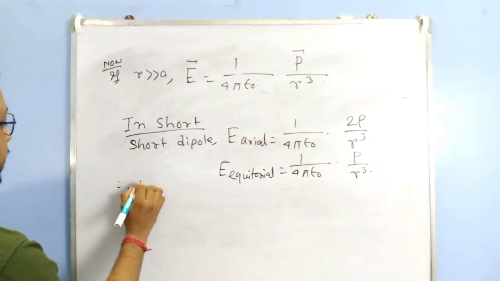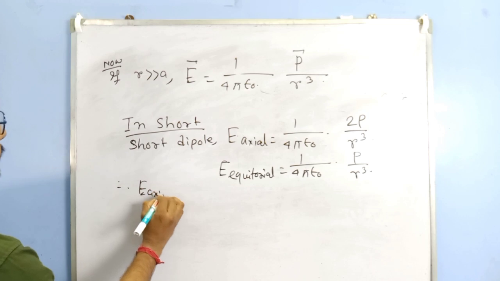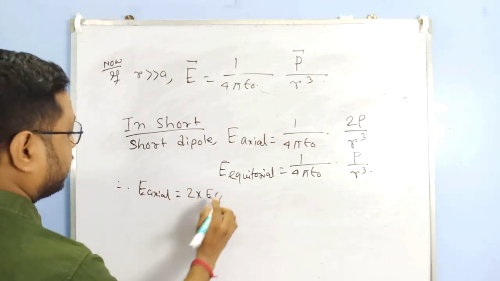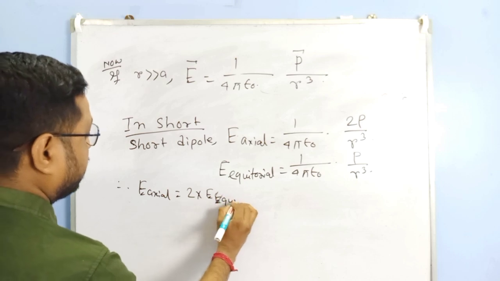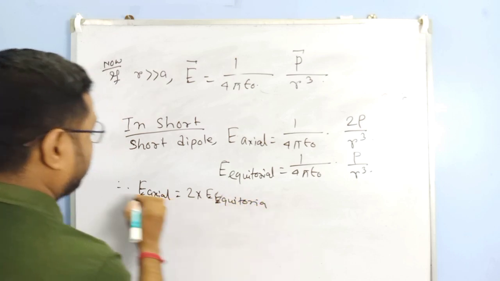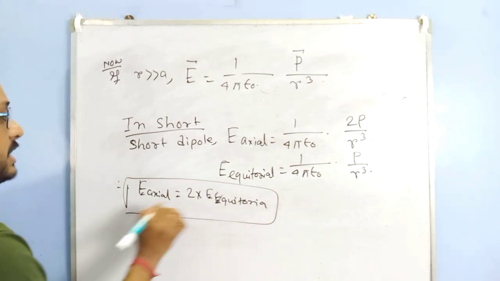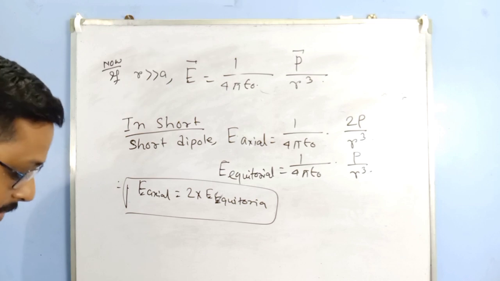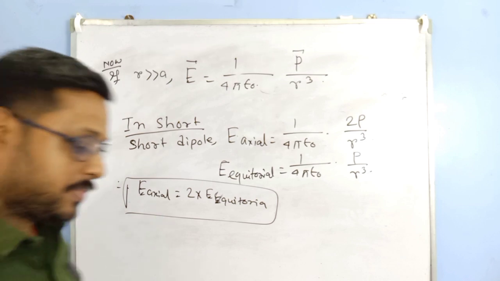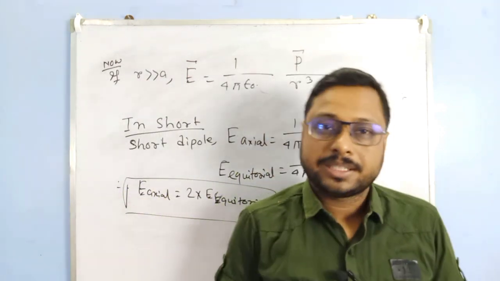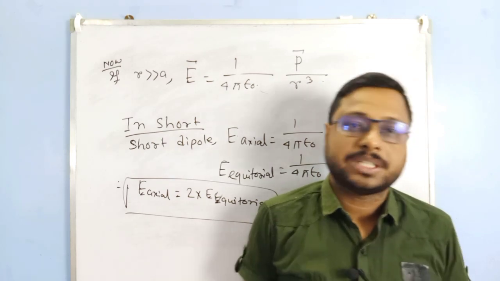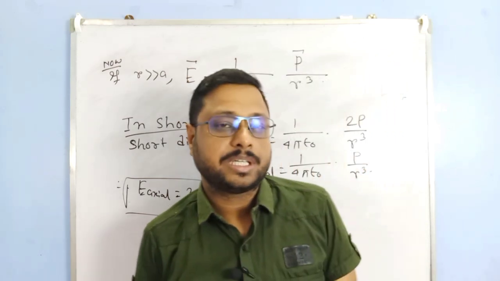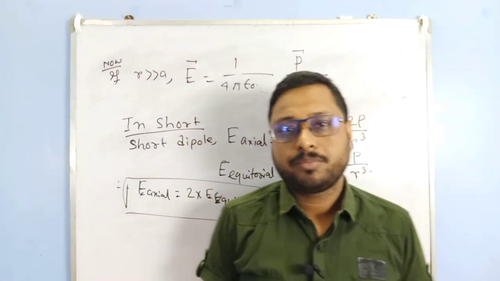So we can conclude that E axial equals 2 times E equatorial for a short dipole. This proof is very often given in your HS exam. So we can now easily understand what is dipole moment, the electric field at an axial position and the electric field at an equatorial position.